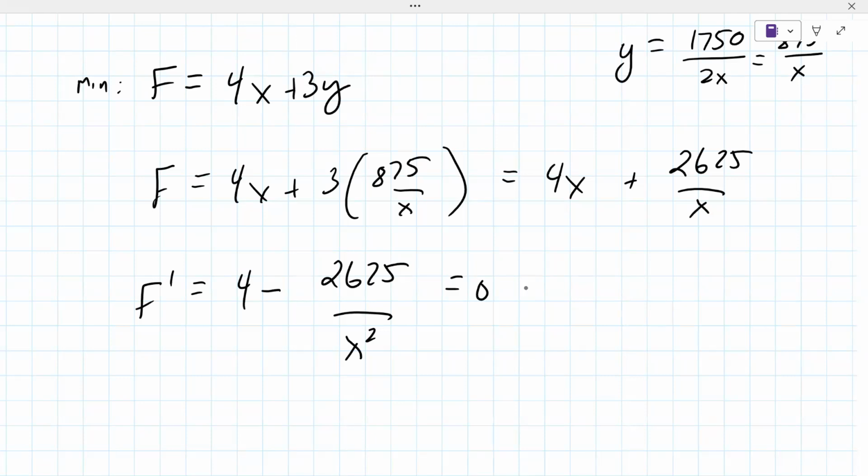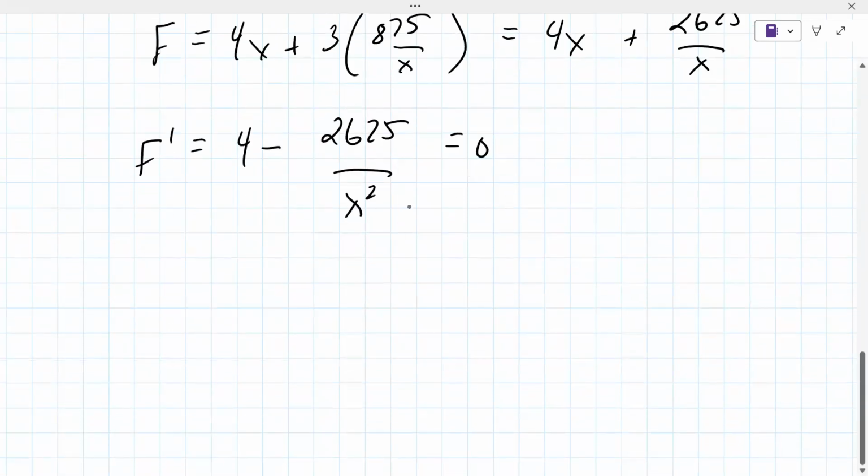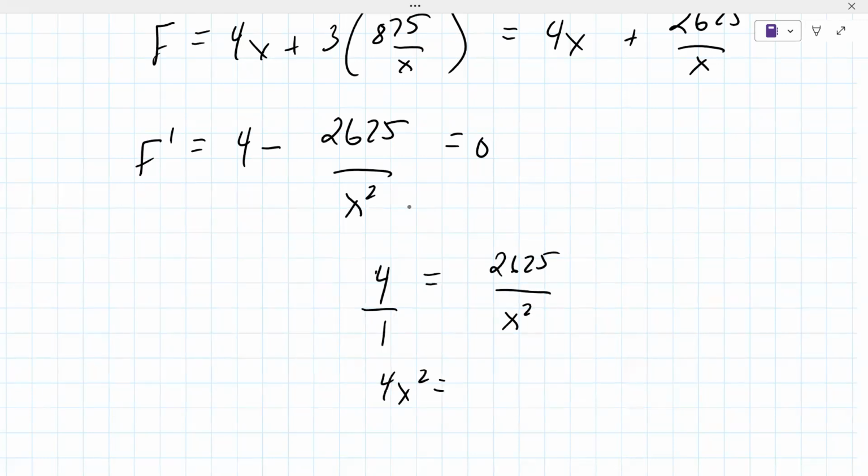And I can bring the x up, right? I would just treat this like 4 equals 2625 over x squared and then cross multiply. So you get 4x squared equals 2625.